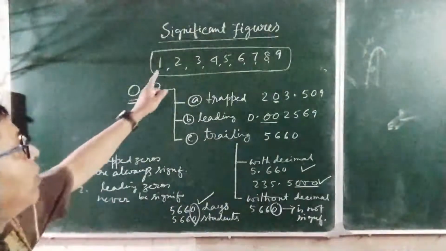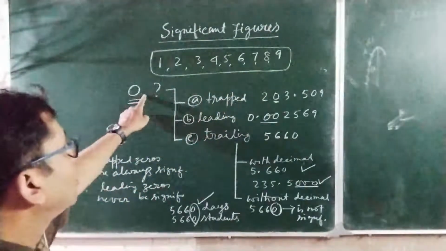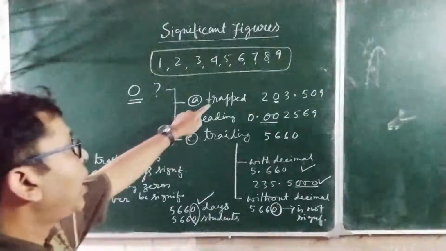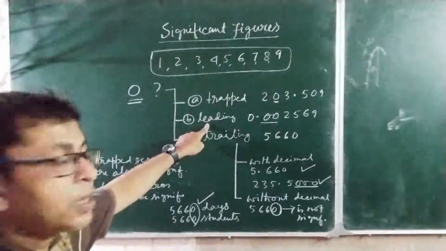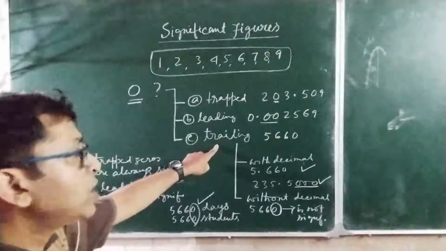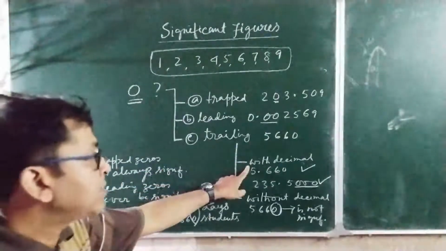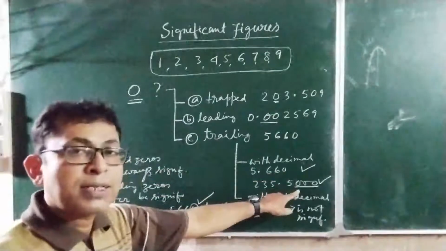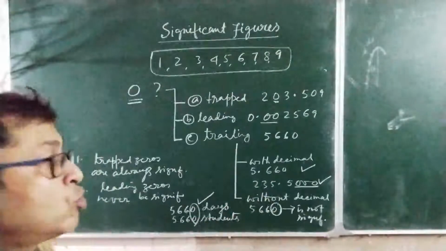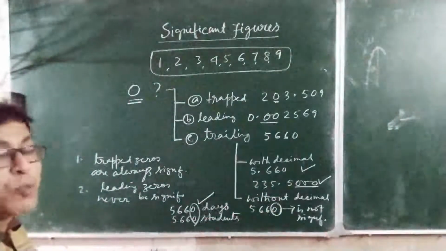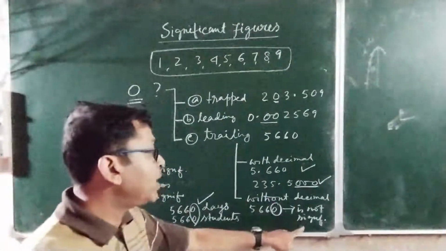All the non-zero digits are always significant. For 0, there are basically 3 rules. The trapped zeros are always significant. The leading zeros are never significant. But in case of trailing zeros, if that number is with decimal, then those zeros are taken as significant. But if the number is without decimal, then we have to check whether it is a simple numerical value without any reference, then those zeros cannot be taken as significant.